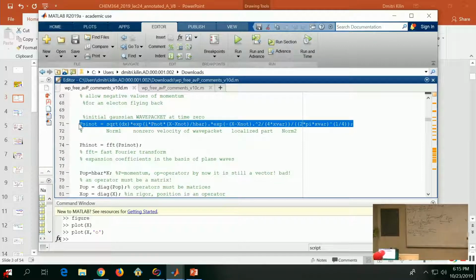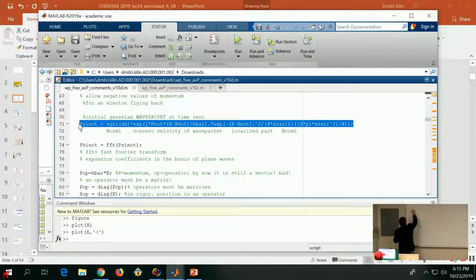So, initial condition. Let's read what is written here. I'm just going to write down literally what I see in the equation.